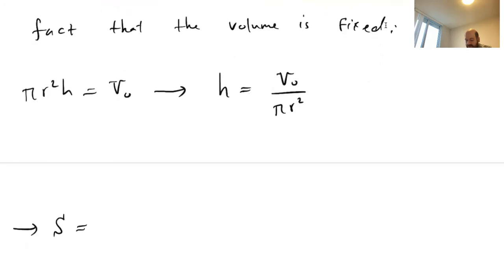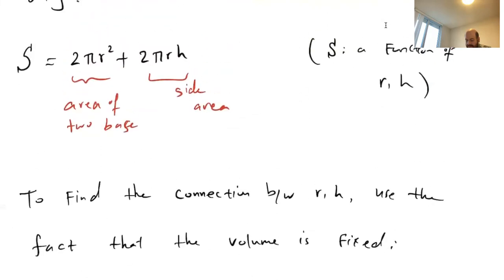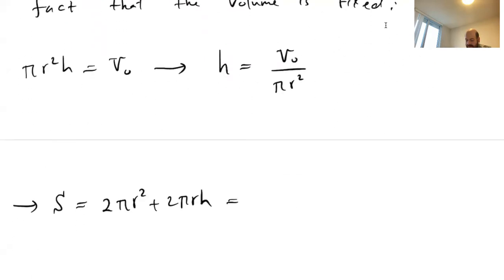So S will be equal to, remember the formula was 2 pi r squared plus 2 pi r h. And then this is going to be 2 pi r squared plus 2 pi r times V0 over pi r squared.